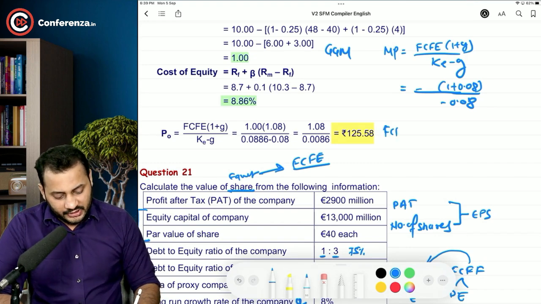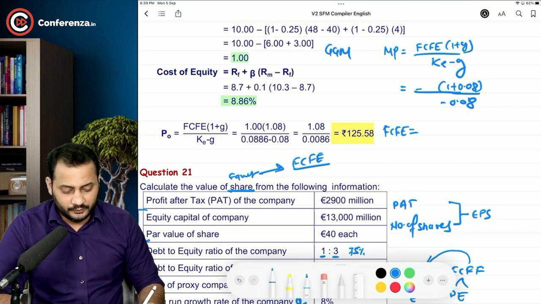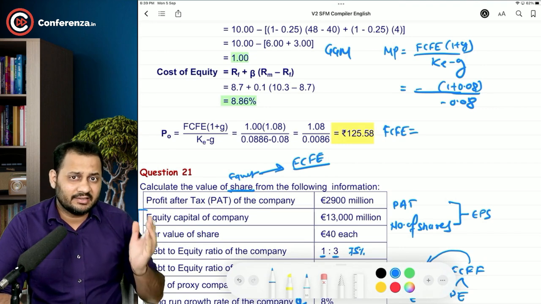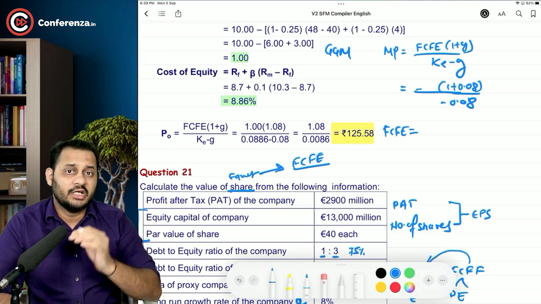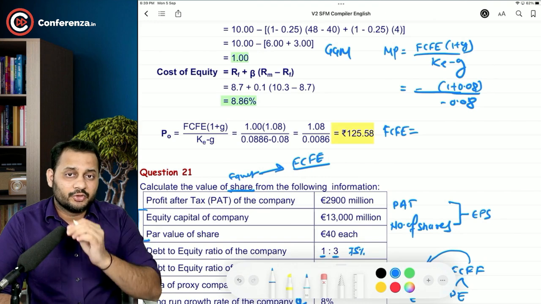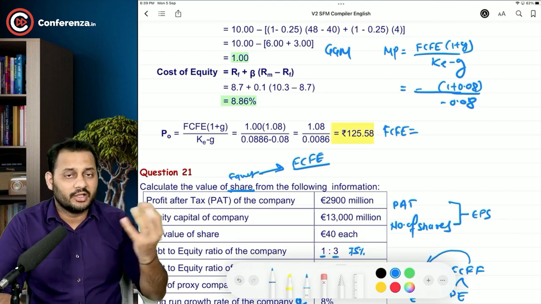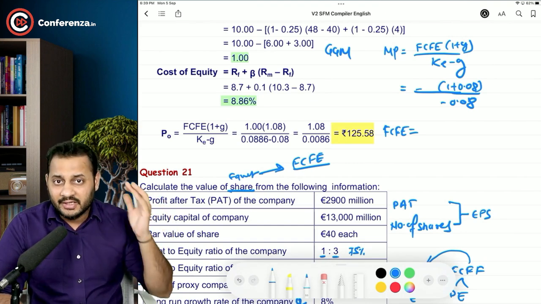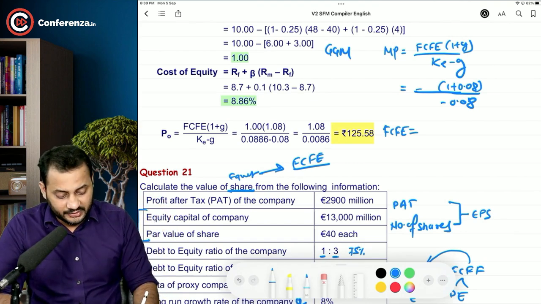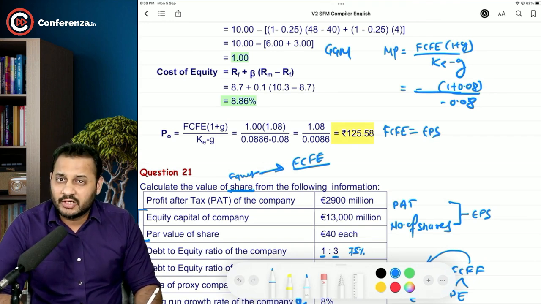Now free cash flow to equity is equal to, it's very simple. It's exactly the same as we learned in the previous question, but in the previous question it was on the total basis. Total market value, total debt, total depreciation, total capital expenditure. In this, it is on per share basis. So we need earning per share. Earning per share is always after tax, right?